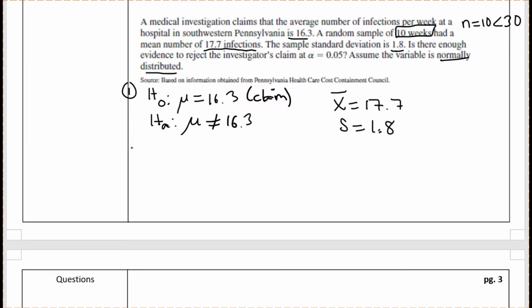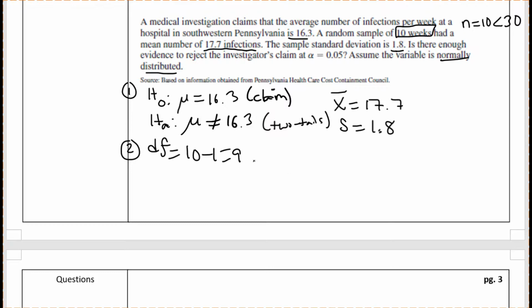All right, so then step 2, we want to compute the test value, or we want to actually do the critical value. So let's do the critical first. So we want our degree of freedom. And if we look here, we're looking at a two-tailed test. Our degree of freedom is simply 10 minus 1, which is 9.